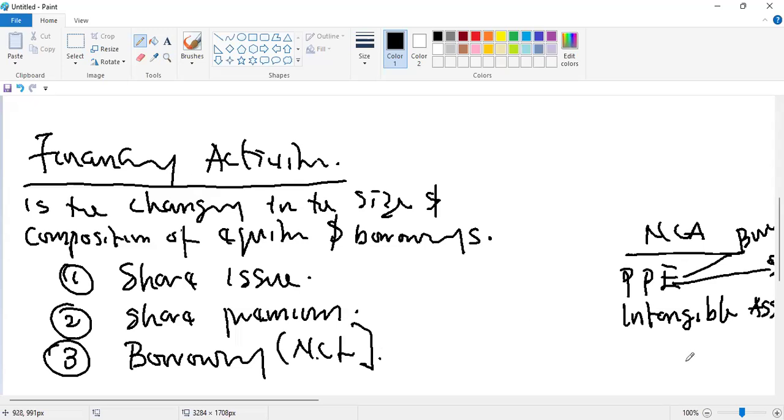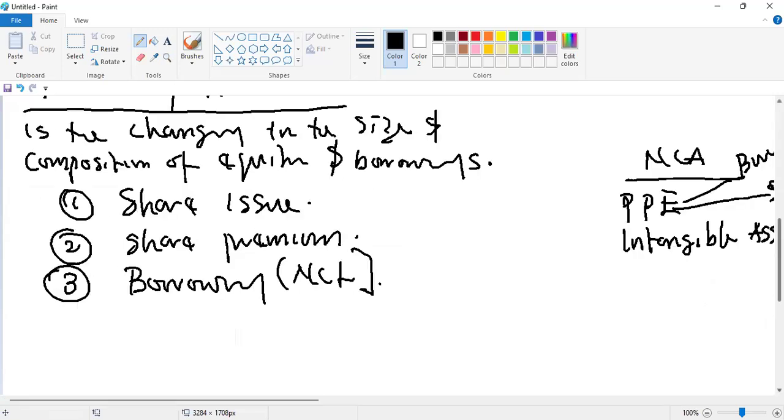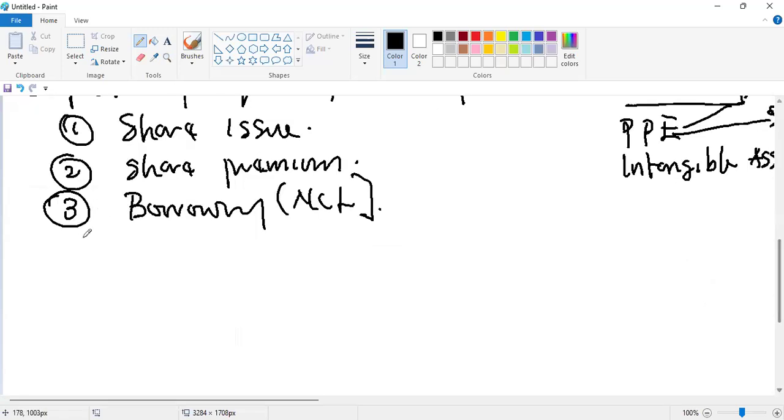Then we have linkages, where we can link to dividend paid. Who do we pay dividends to?